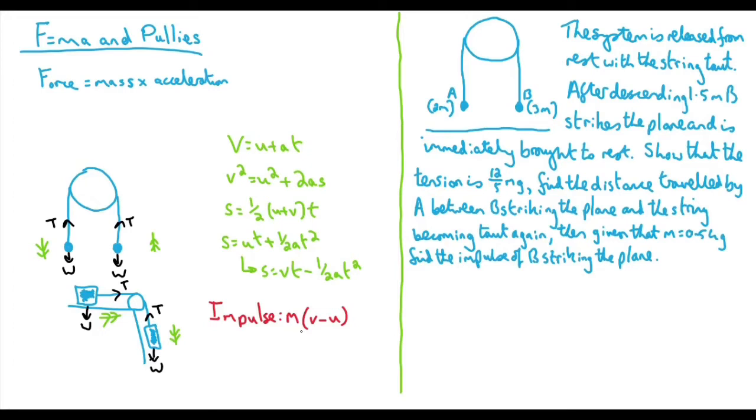So on impact, when the descending particle hits the floor, it is going to experience an impulse, its mass times, if it's come to a stop, then it will be 0 minus whatever velocity it had just before hitting the ground. Or if it was to bounce back up, which I doubt would be the case in this scenario, but if so, that would then be your v, whatever velocity it bounced back up with.